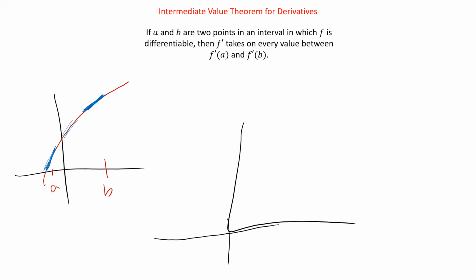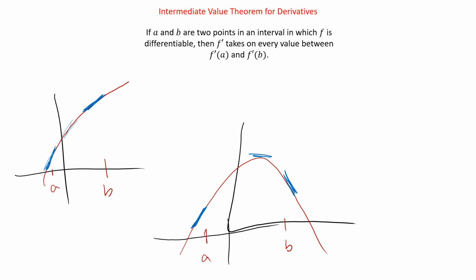For instance, if a is here and b is here, so we have a is positive, b is negative, means somewhere in between there, it's going to be 0, which gives us a maximum or minimum. We'll see that pretty quick.